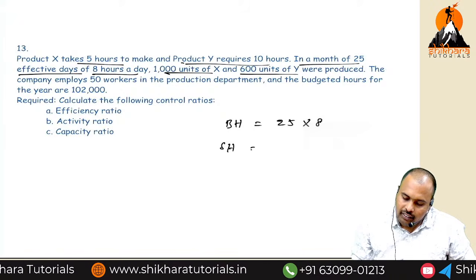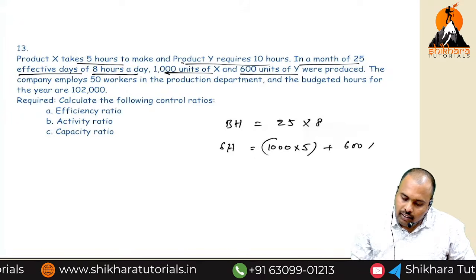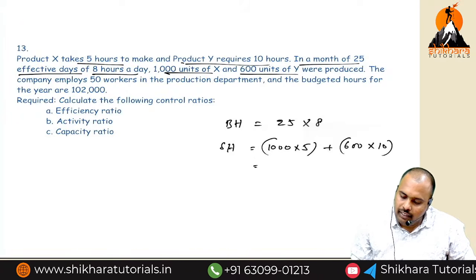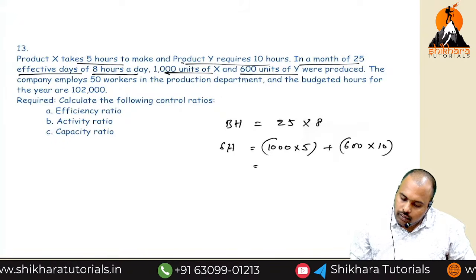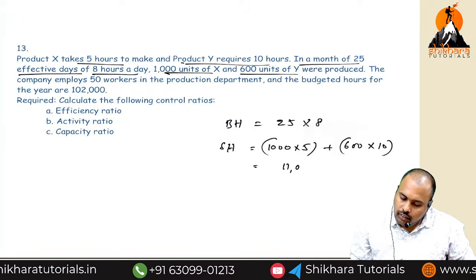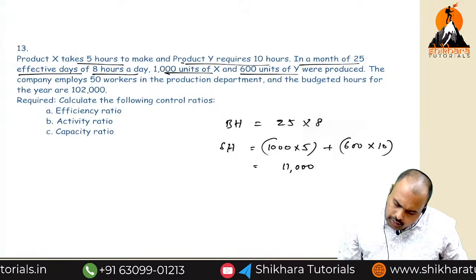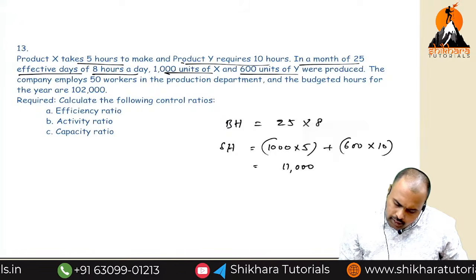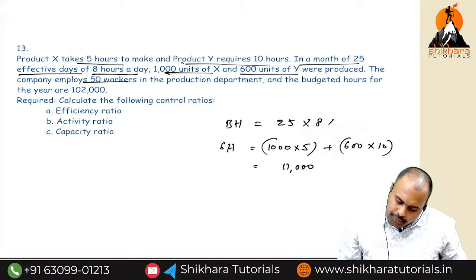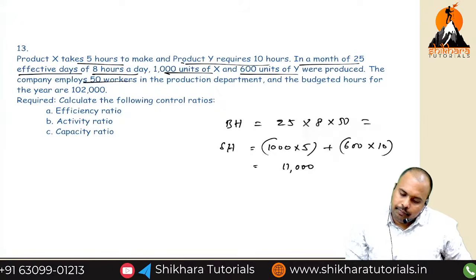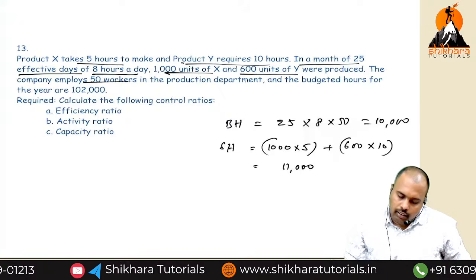What is SH? 1000 into 5 plus 600 into 10, which is how much? 11,000. What is BH? In a month of 25 days, 8 hours a day, 50 workers into 200. 10,000. BH, SH is 11,000.